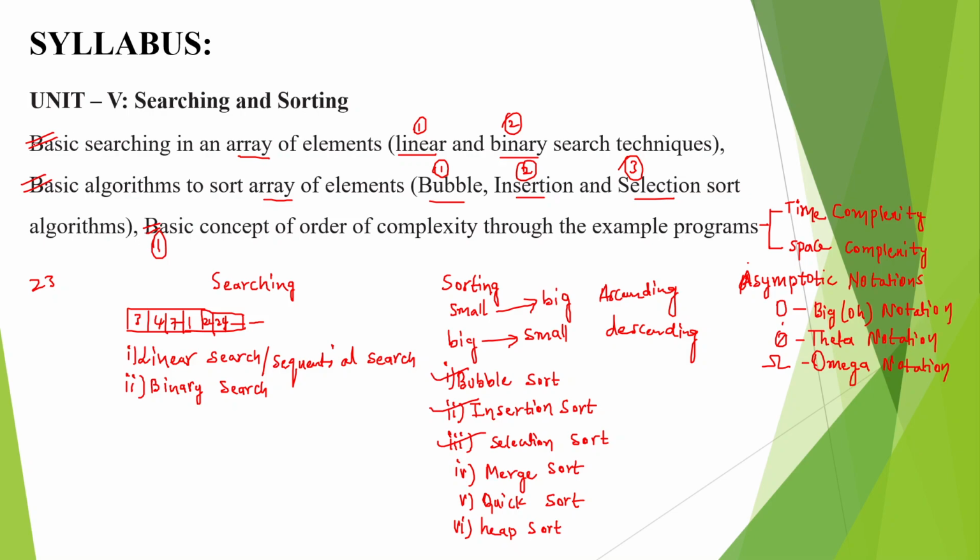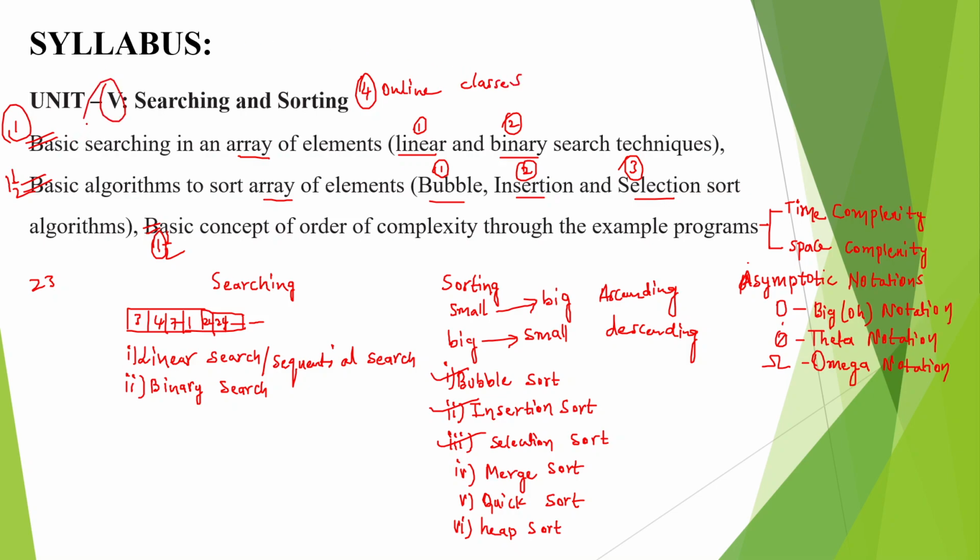So for basic searching techniques, one class. This one may be 1 hour, 1.5 hours, and this one 1.5. Like this you can take. So in total, I'm giving 4 online classes, not offline, for this fifth unit to complete.